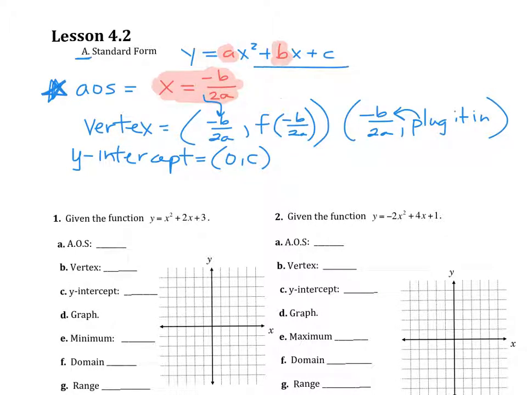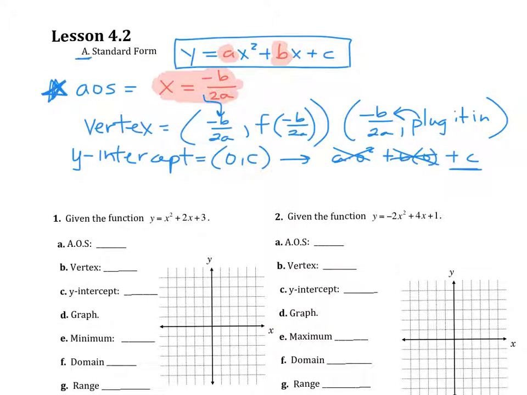If I plug a 0 in for x in standard form, it's a times 0 squared plus b times 0 plus c. This becomes 0 and this becomes 0, so all you're left with is c. So (0, c) is going to be your y-intercept.